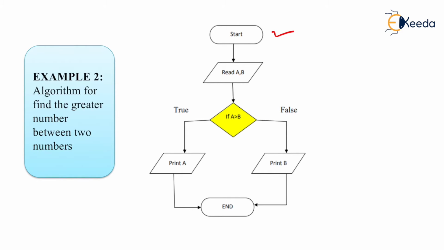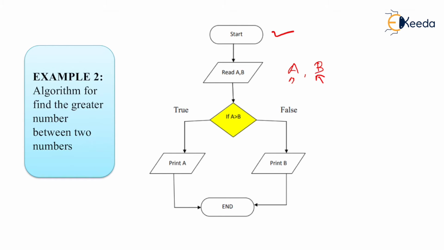Then inside the slant box, that is the input and output box, we are writing read A and B. That means we have taken two variables, A and B. Because as the question says, we have to perform a comparison of two numbers, right? So we have to accept the two numbers from the user.